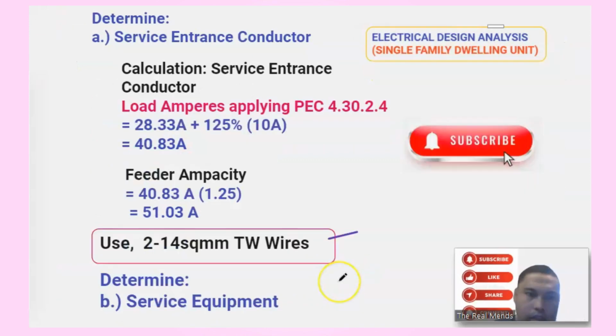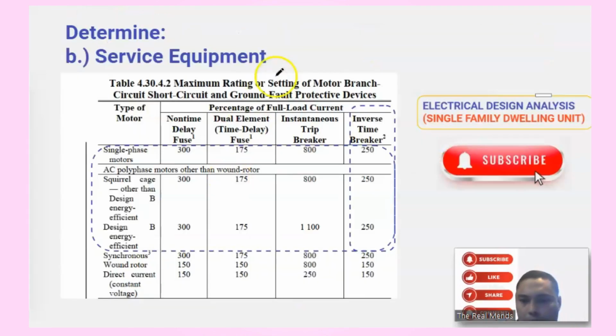Okay, and then to continue, let's do the calculations to determine the service equipment. Again, let's use PEC as reference. From the table 4.30.4.2 for the maximum rating or setting of motor branch circuit short circuit and ground fault protective devices, we have the type of motors and the percentage of full load current.